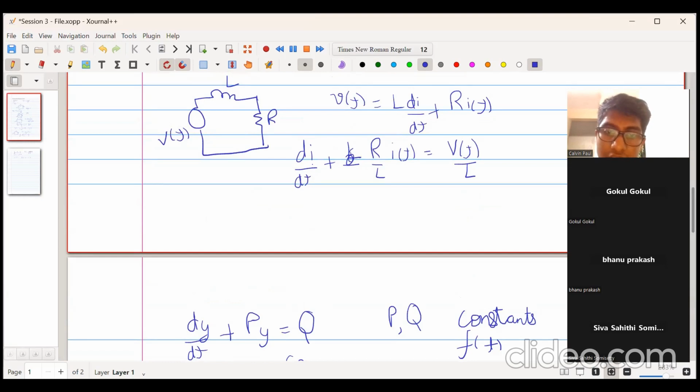Over here p is equal to R upon L, so it is a constant. It is not dependent on current, it is only dependent on R upon L, which are constants.